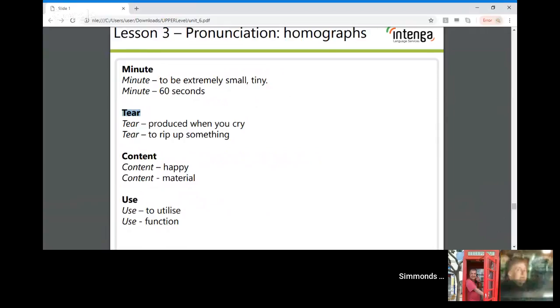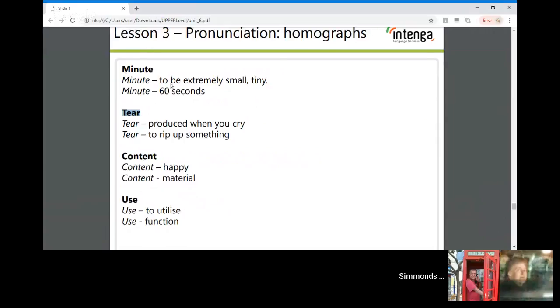So now the verb is I tore, tore in the past. To rip up something, so those are two. The water that comes out of your eye is a tear, and then to tear, tore, I have torn is the other one.